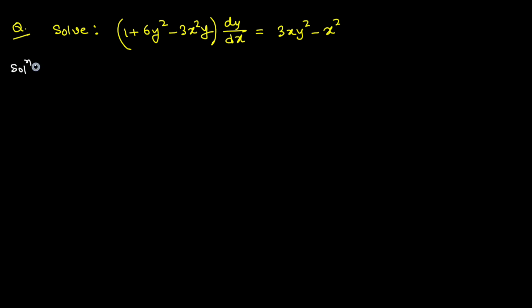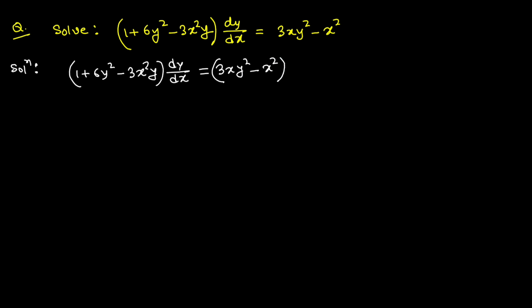Solution. Here you can see that this equation is not in the form M dx plus N dy. So first you have to convert this equation into M dx plus N dy form. So you can write (1 plus 6y square minus 3x square y) dy/dx is equal to 3xy square minus x square.